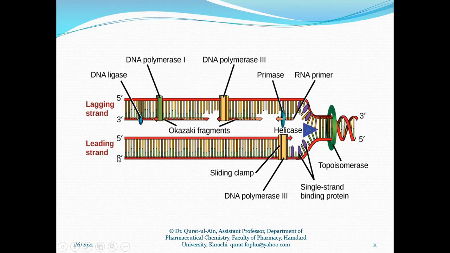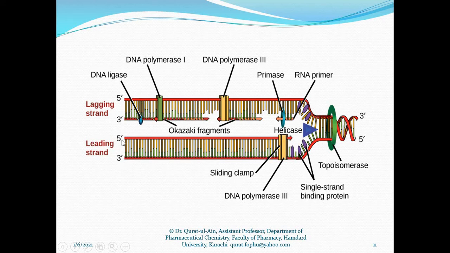The strand that is 5 to 3 prime, we call the lagging strand, and the strand that is 3 to 5 prime is the leading strand. Why is it the leading strand? Because this template strand is from 3 to 5 prime.